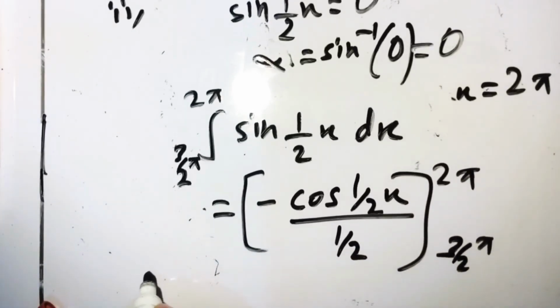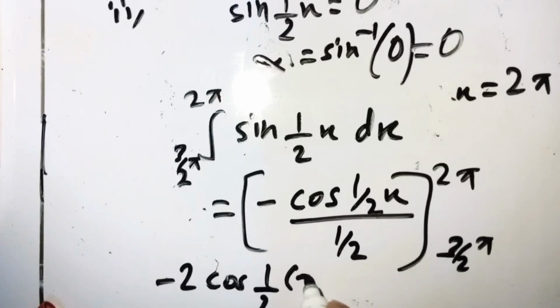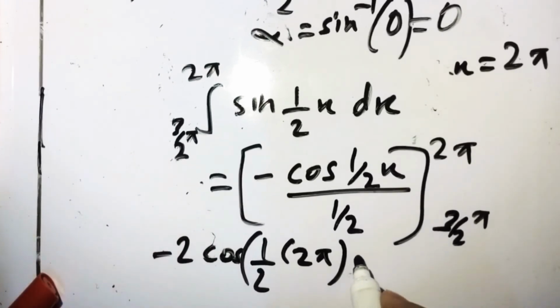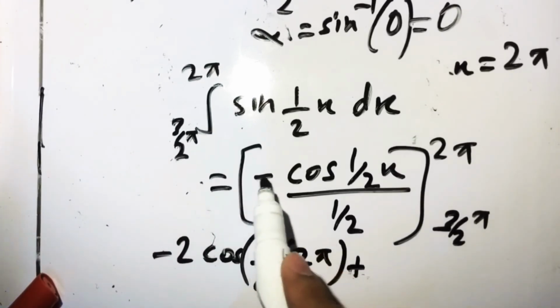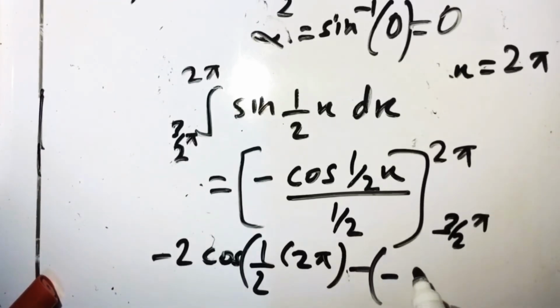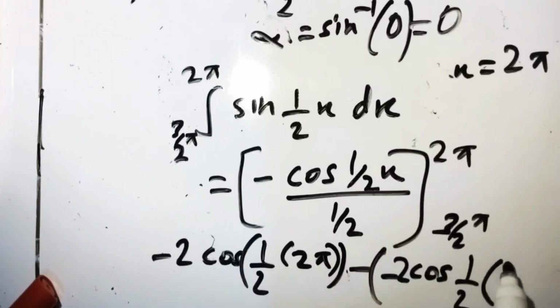So 2 will be shifted over there, minus 2 cos half 2 pi, plus, because minus and minus is plus, or in fact minus 2 cos half 3 upon 2 pi.